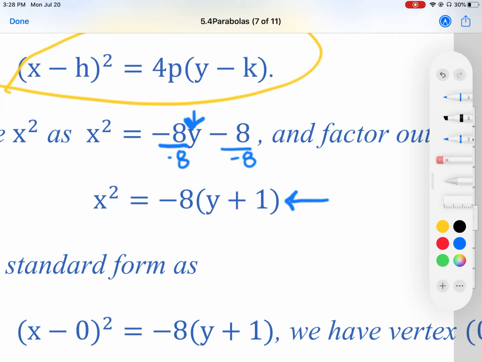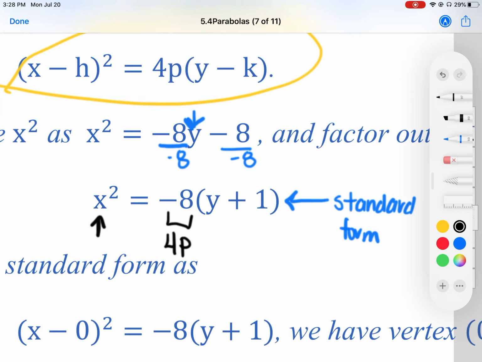So here we now have an equation in standard form, and we can pick out those pieces. We can find out what 4p is, or just divide by 4. We're able to figure out if my parabola opens up, down, left, or right. In this case, it opens up or down, but because we have a negative, it opens down.